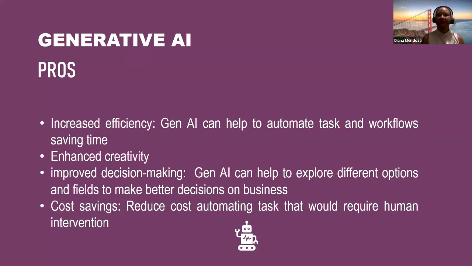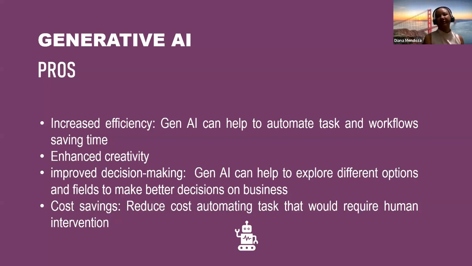So cost savings is a result of a lot of benefits, but basically when you are talking about increasing efficiency, you are talking about reducing the cost for an organization. Also, if you can automate some tasks, for example in customer service, agents are replaced by chatbots at the beginning, then you only access a customer service representative if you go to that chatbot and you don't get the answer.